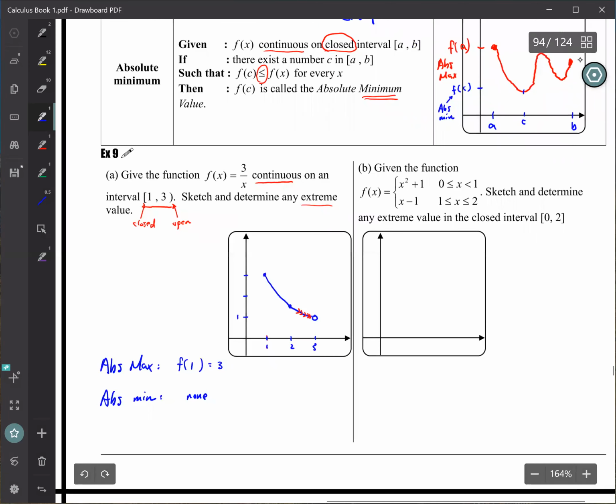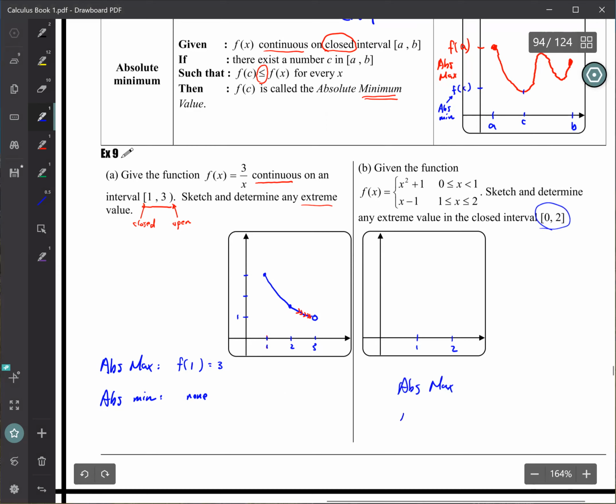Okay, so we could also have piecewise. So same thing, please draw this out. 2 pieces. Find all the extreme values on the closed interval 0 to 2. Okay.